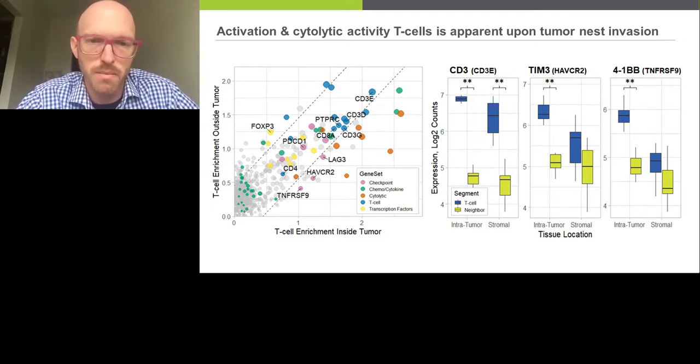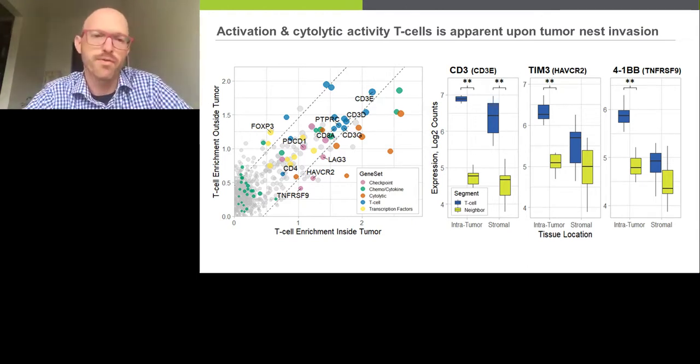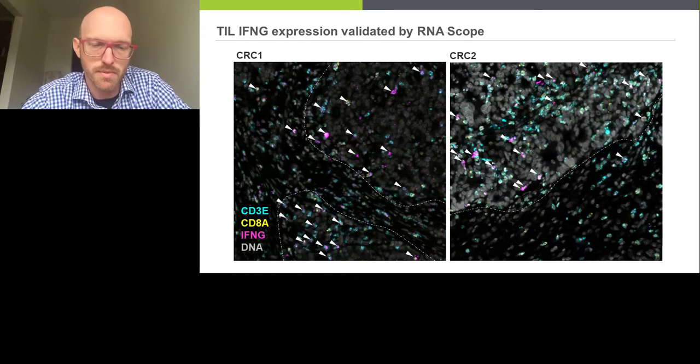Same with 4-1BB. So you kind of pick apart the different T cell profiles for those that are inside the tumor versus outside of the tumor. And this is just some follow-up experiments that we did with interferon gamma in RNAscope to show that inflamed phenotype.